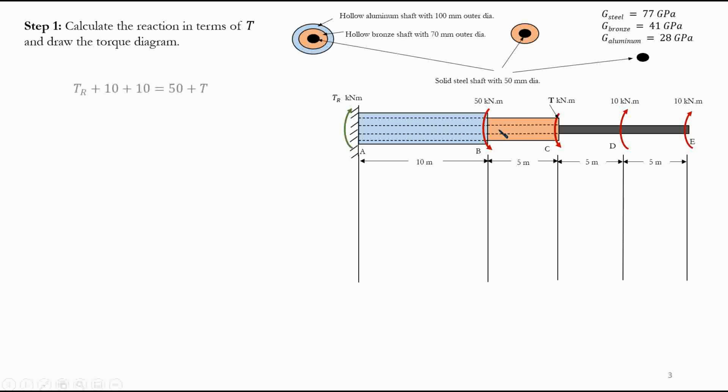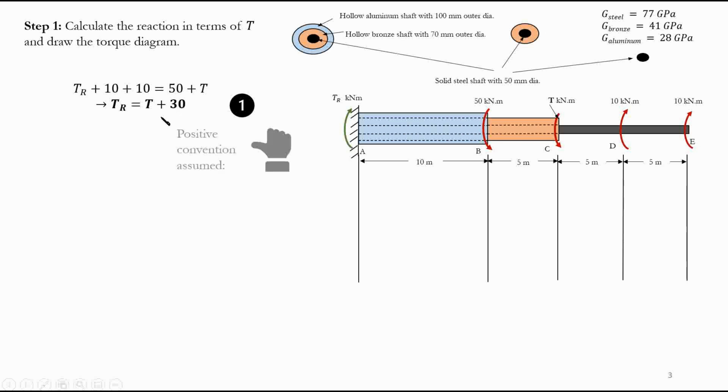We can say TR plus 10 plus 10, all in the clockwise direction, is equal to 50 plus T. So TR plus 10 is equal to 50 plus T. From there we can find TR equal to T plus 30.